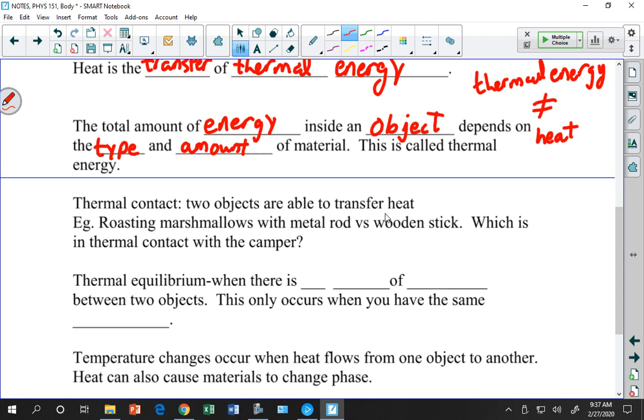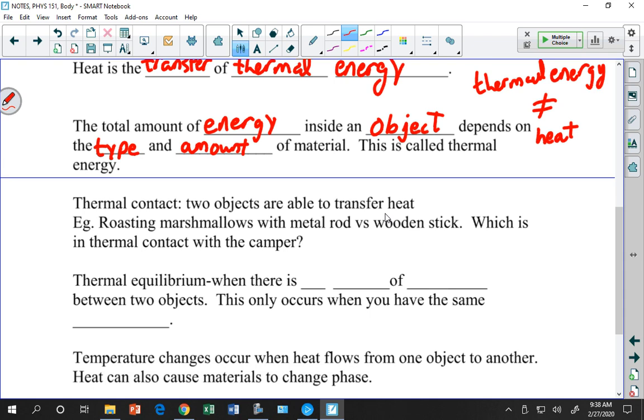If I have heat transferring between the desk and the hand, is it going from my hand to the desk or the desk to my hand? Hand to the desk, right. So heat will always flow to a lower temperature. And since the desk has a lower temperature than my hand, which is about, I don't know, 34 or so degrees Celsius, a little less than 37, then the heat will flow from my hand into the desk.